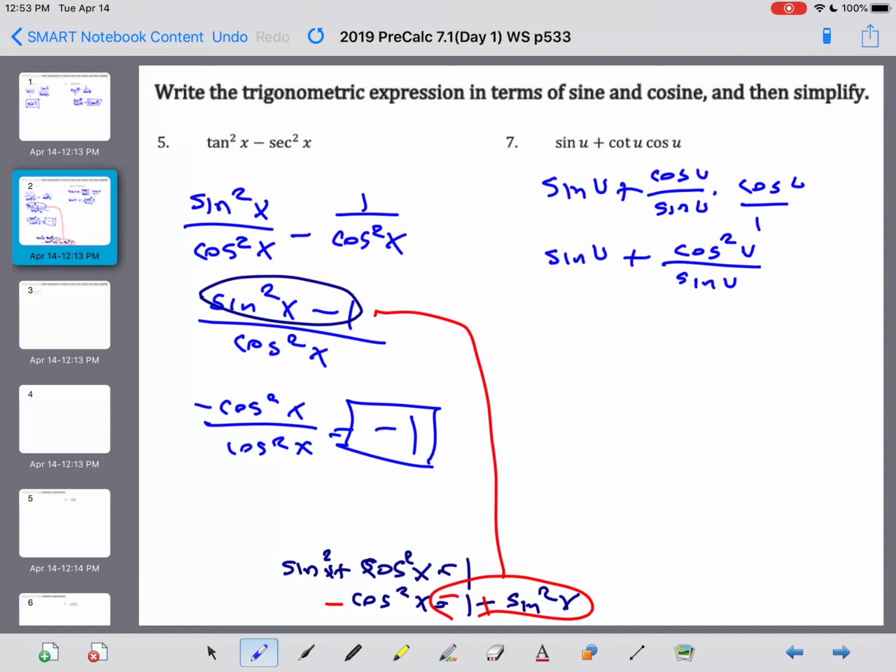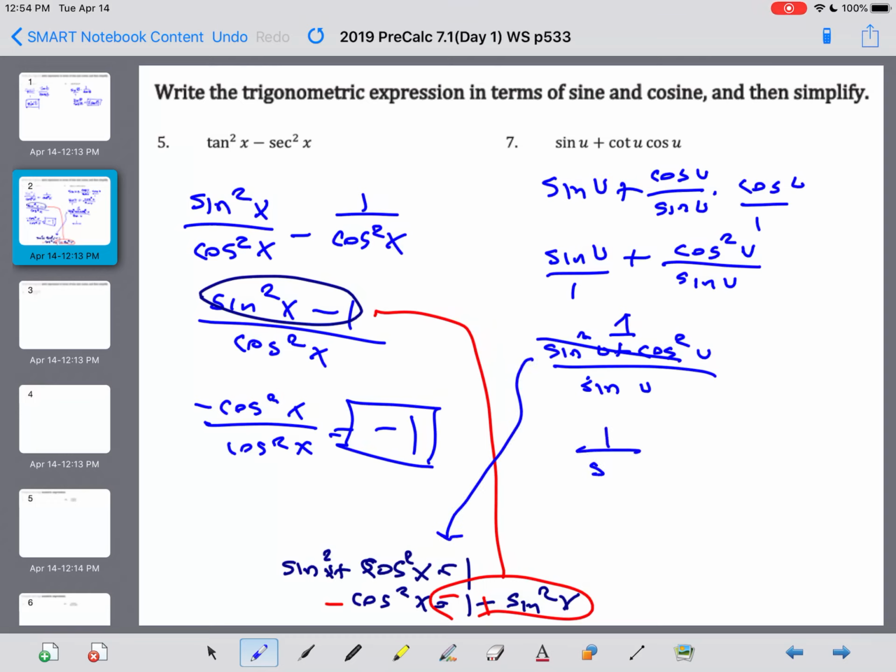And like I did before, I got a 1 here. So now if I get a common denominator between the two fractions, this will become sine squared u plus cosine squared u. And that is 1 from down here. And so I get 1 over sine u, which is cosecant by definition.